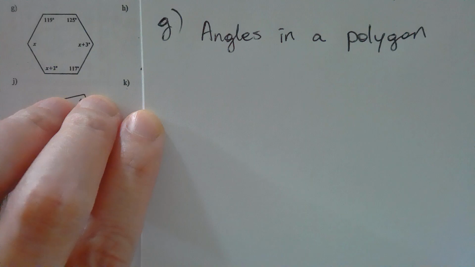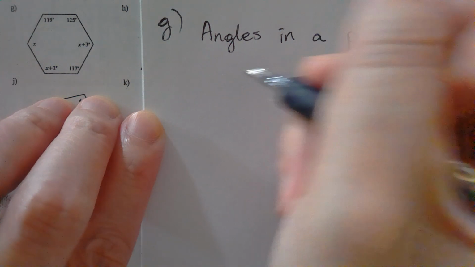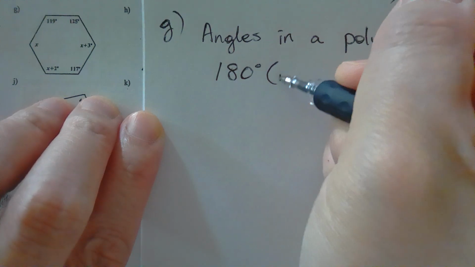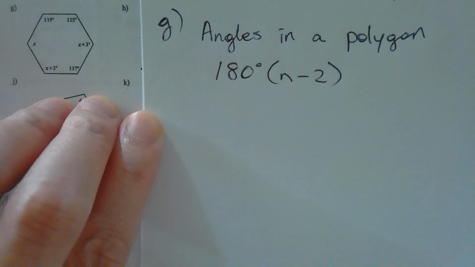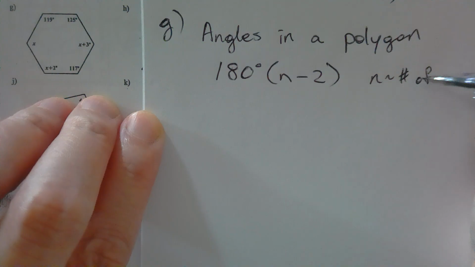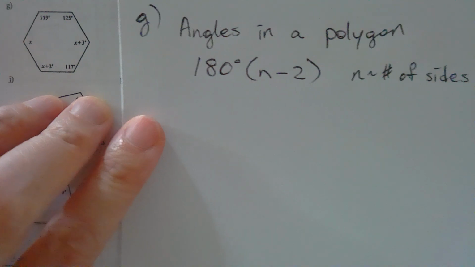That's actually interesting. I like that. There is actually a formula that you can use, where n is the number of sides. Why is that the formula?